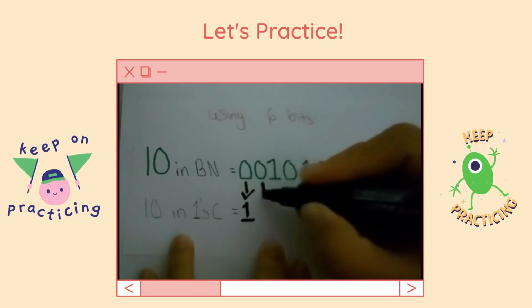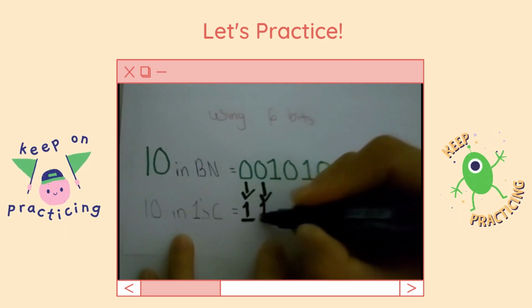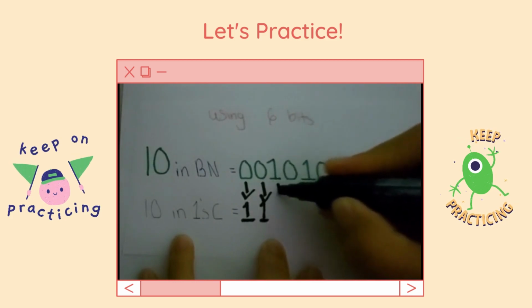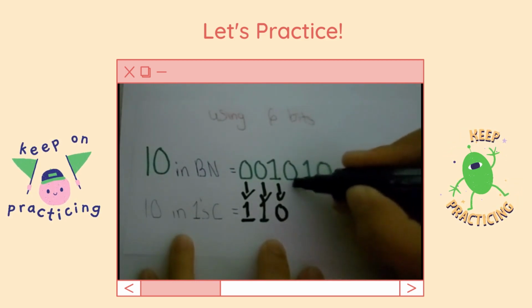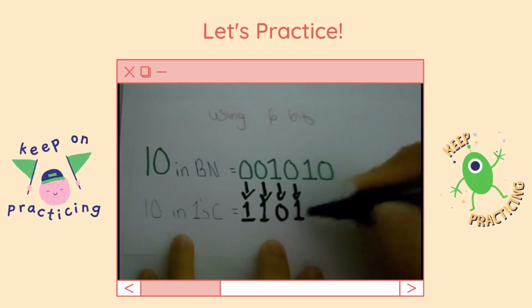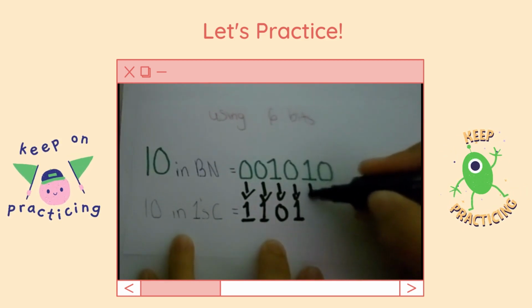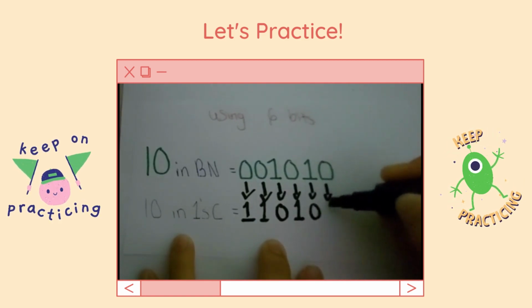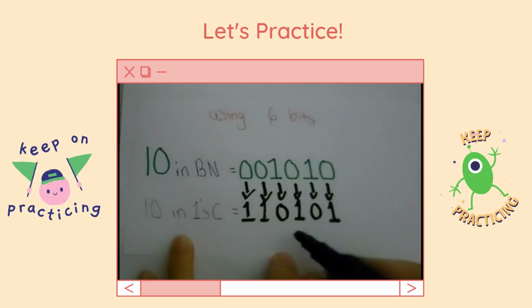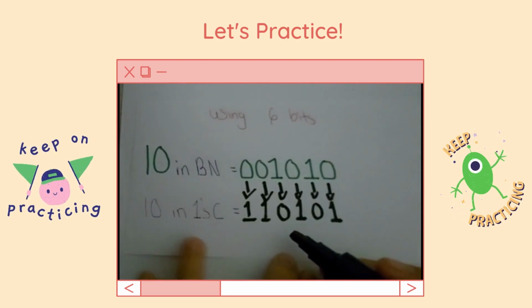This other 0 will also become a 1. And now this 1 will become a 0. The other 0 will become another 1. And this 1 will become a 0. This 0 will become a 1. And this is now the one's complement of 10.